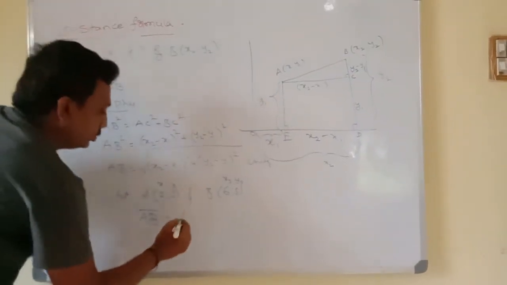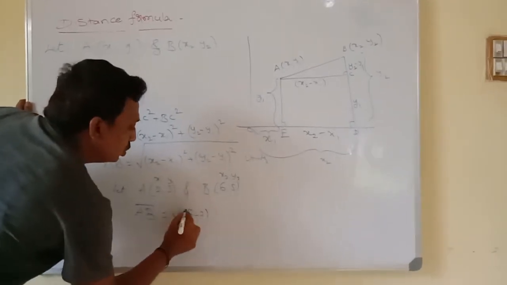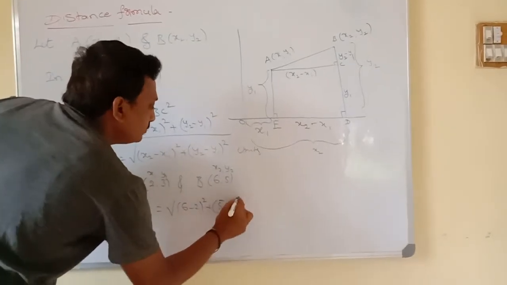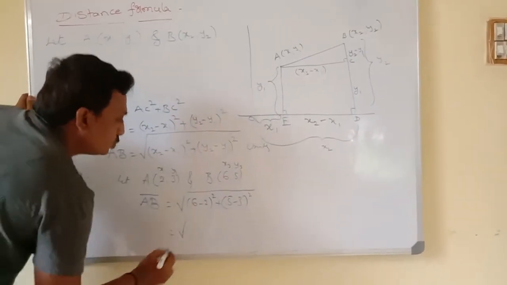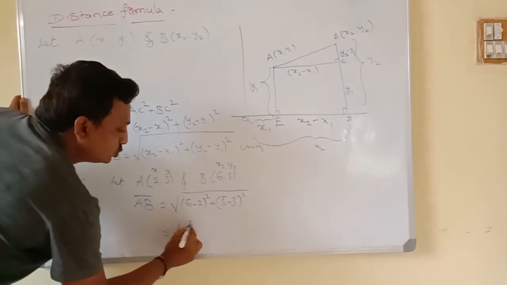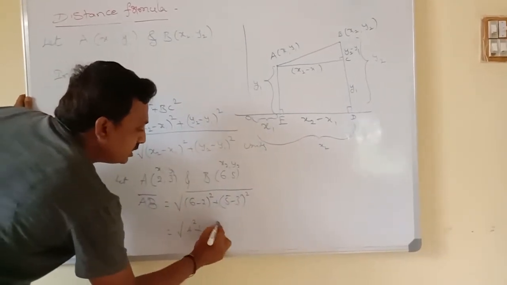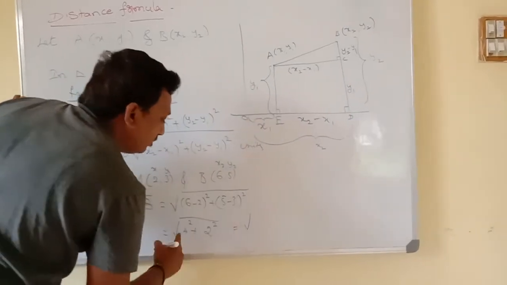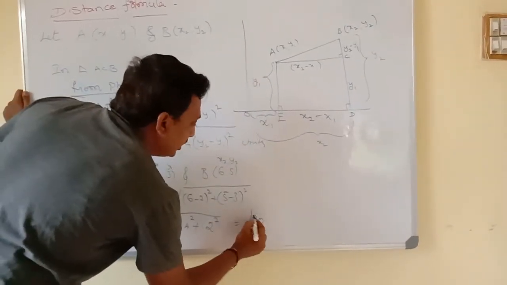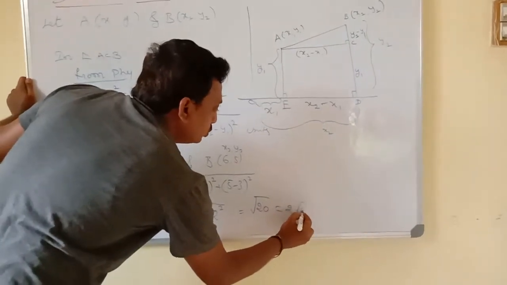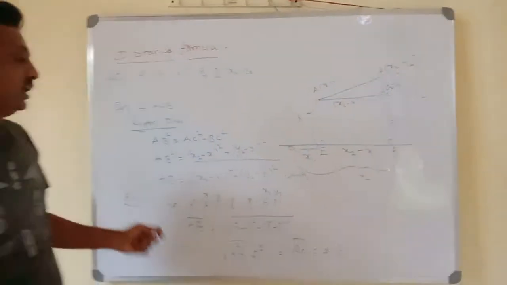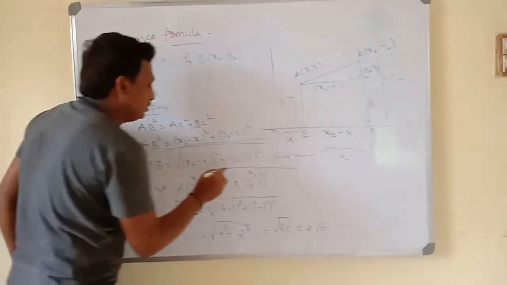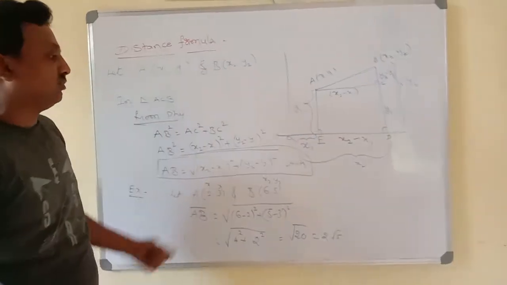You can use the formula: square root of 6 minus 2 whole square plus 5 minus 3 whole square, that equals square root of 4 square plus 2 square, that equals square root of 16 plus 4, the total is 20, that equals 2 root 5. Same value we get. So simply we can use this formula for the distance of any 2 points.